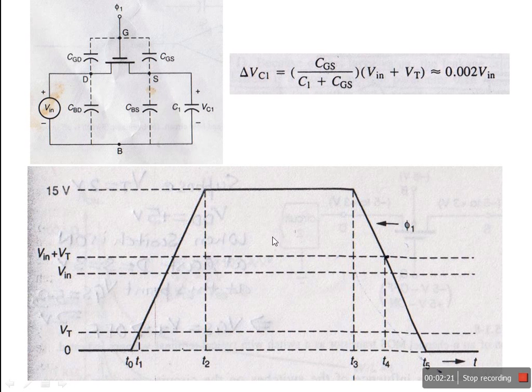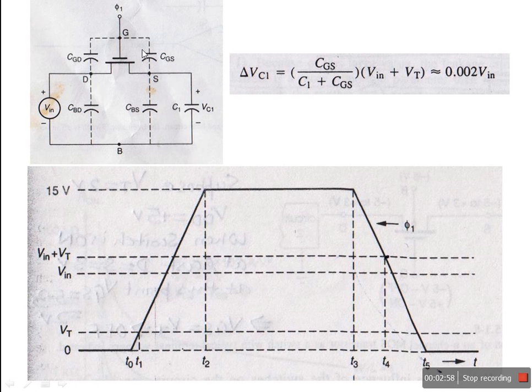So let me clarify it. V in is disconnected. Now the voltage at terminal VGS is this voltage minus this voltage. Voltage at source is V in. If the capacitor is charged up to V in, because V in is the voltage charging the capacitor, so VC1 is equal to V in.